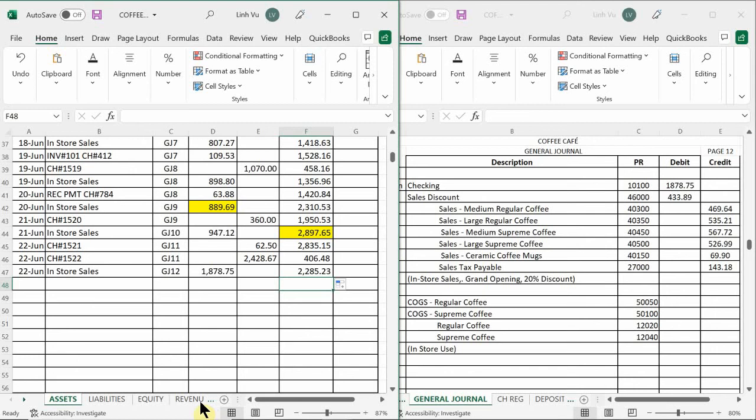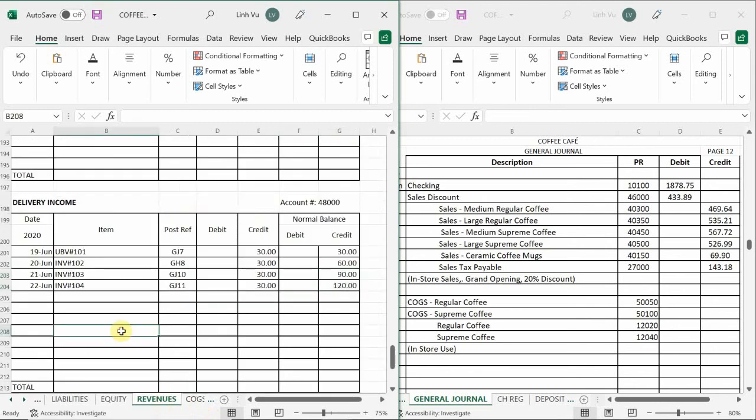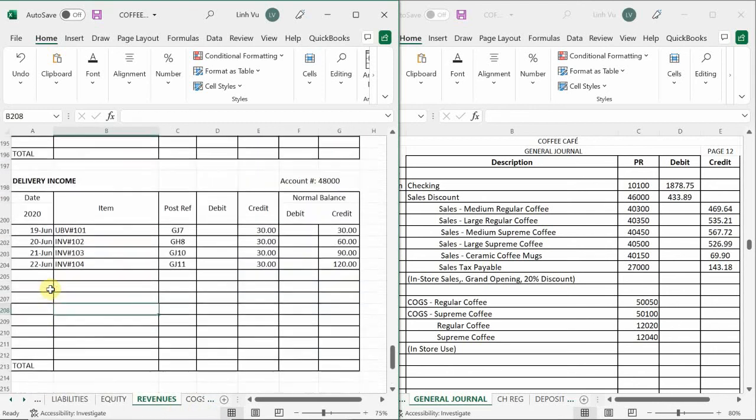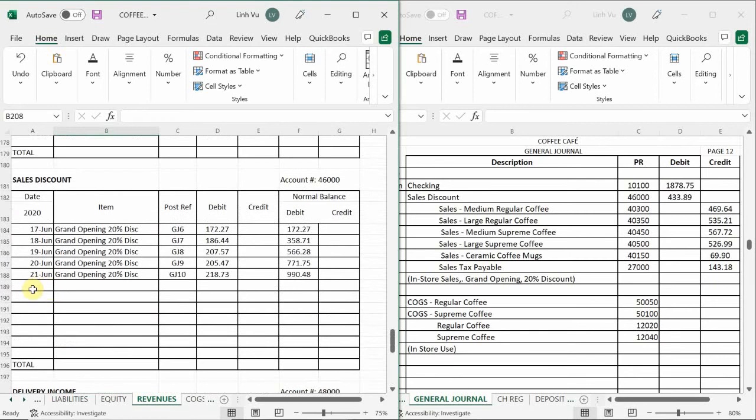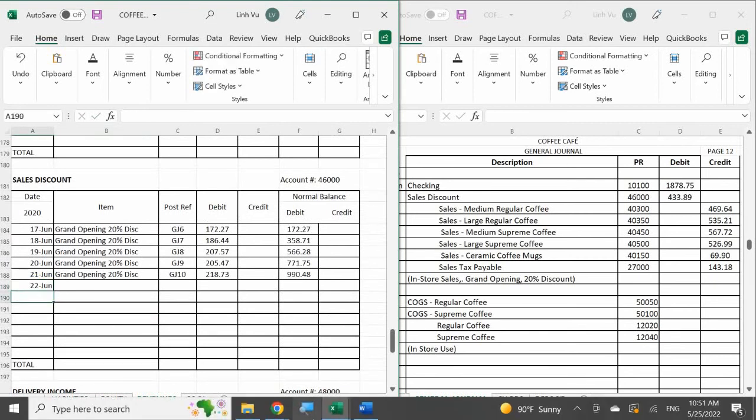So then we had a sales discount. So we got to go to our revenues here to collect the sales discount. Why did we have a sales discount? Because we still have grand opening sales, right? General Journal 12. So remember, usually a grand opening will last a whole week. Now, in this case, my coffee shop operates 7 days a week, right?